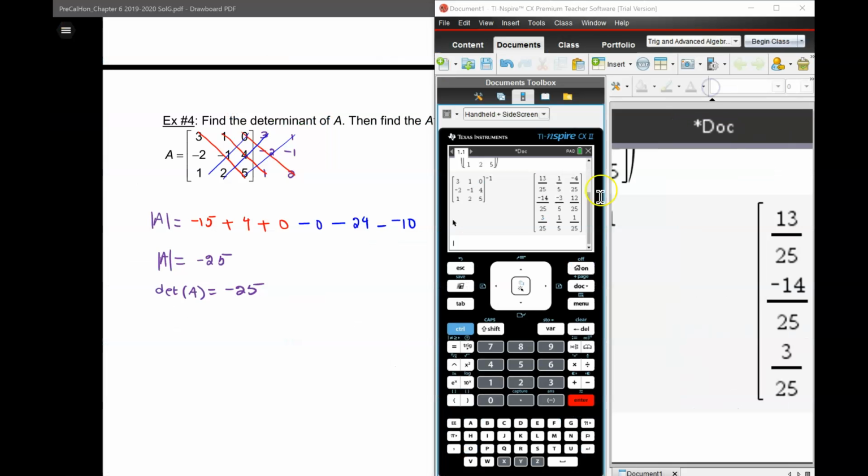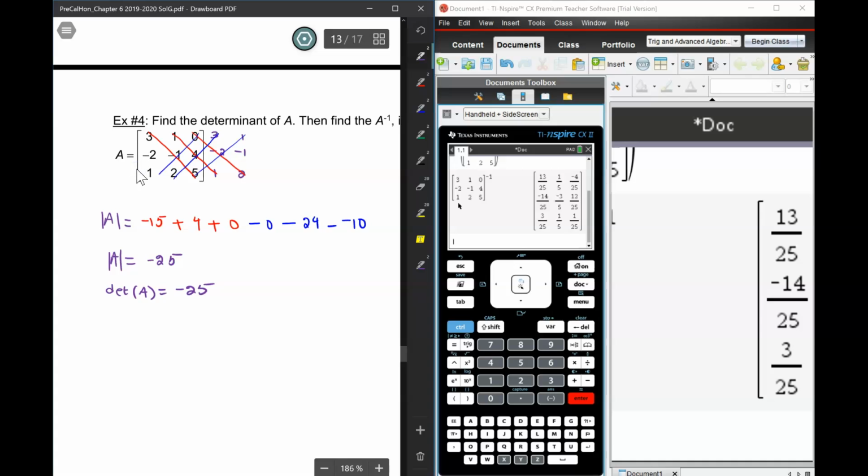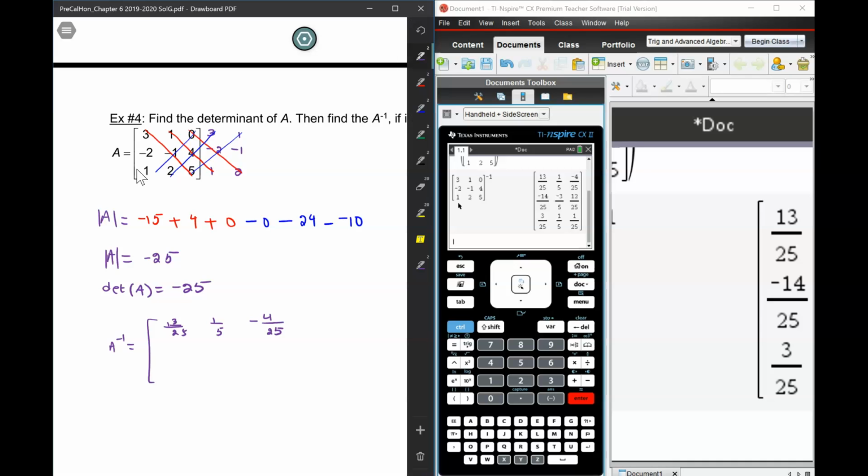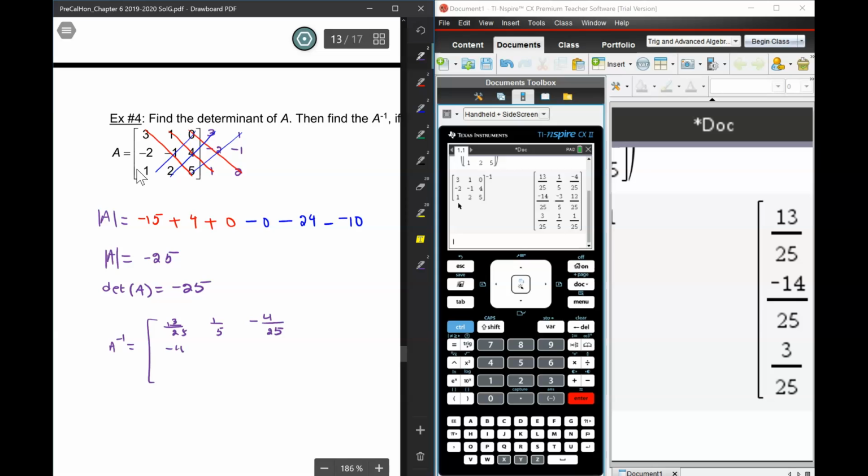So, the inverse is 13 over 25. You see the 1 over 25 for the determinant, right? Negative 14 over 25, negative 3 over 5, 12 over 25, and so on.